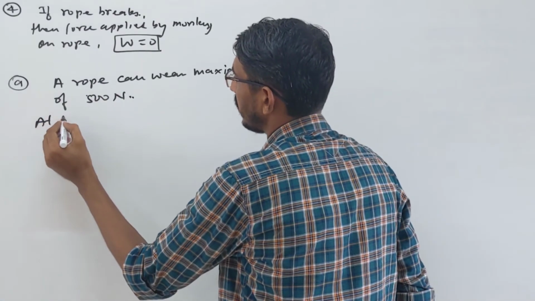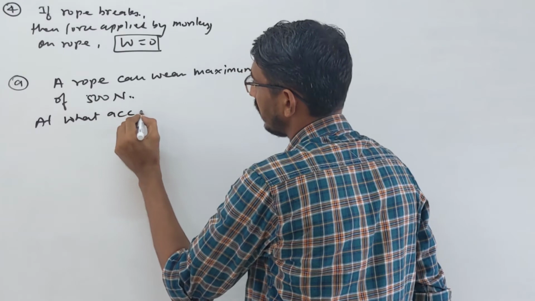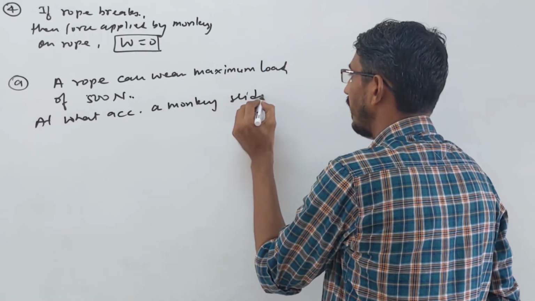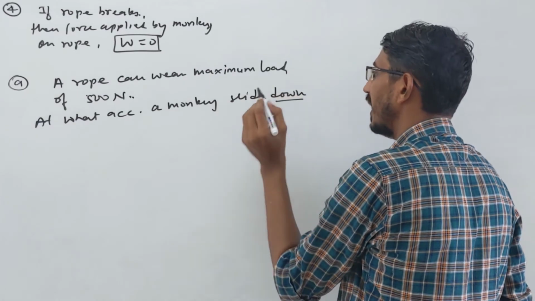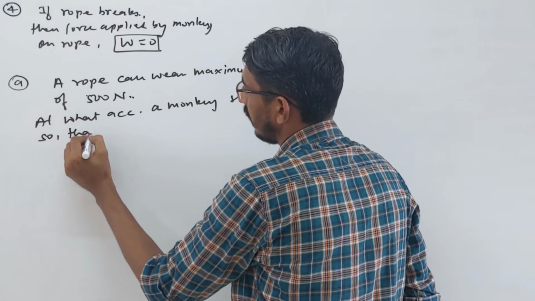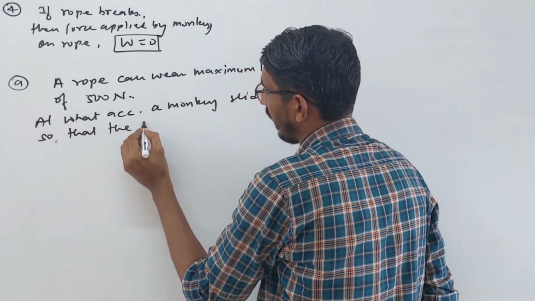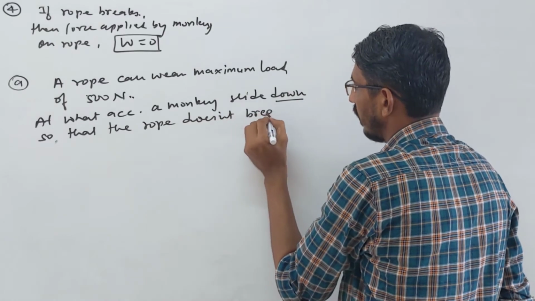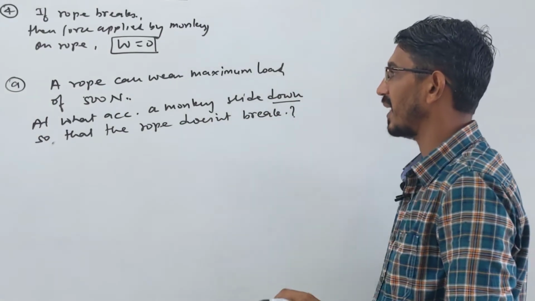At what acceleration can a monkey slide down so that the rope doesn't break? Suppose we are talking about down, we can say up also. Yes, this type of question will be asked in our exam.